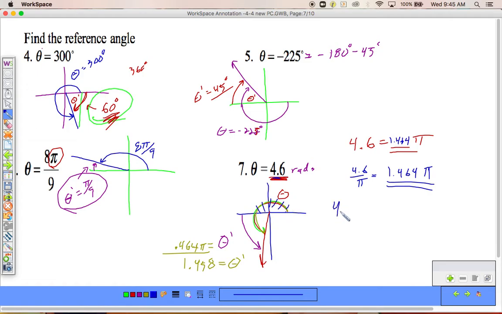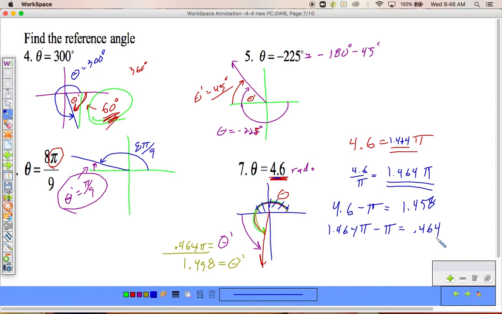So I can say, take my 4.6 and take out that pi that I don't want and get 1.458. Or I can take my 1.464 pi and subtract 1 pi from it, which gives me 0.464. It's all in relation to pi's and 2 pi's.